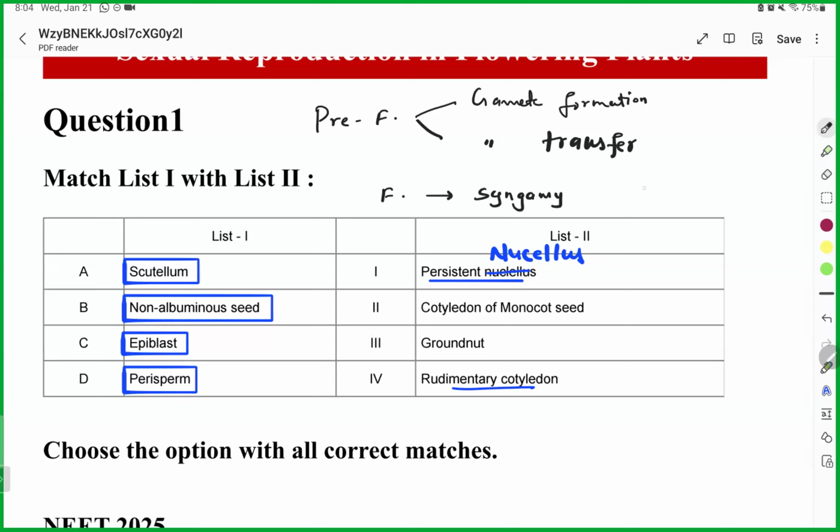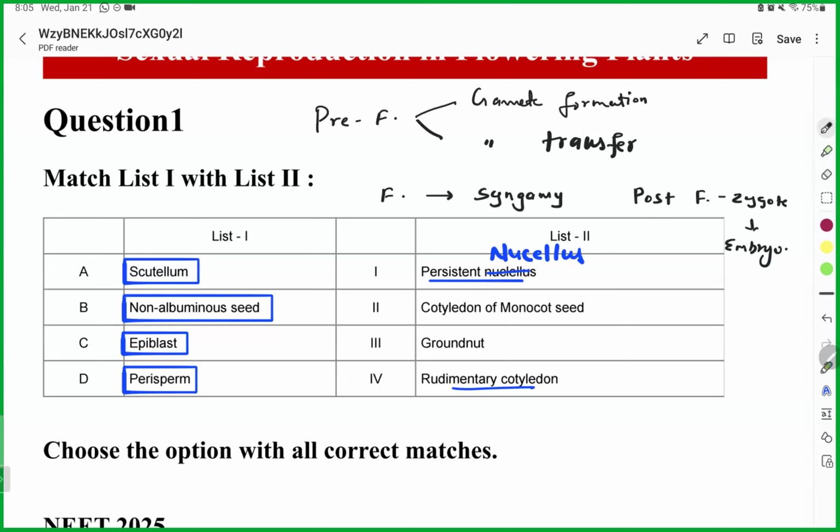Next, Sarah, what happened in the post-fertilization event? The zygote develops into embryo, and how the embryo leads to the different stages. This is the common feature in human beings, animals, and all plants.